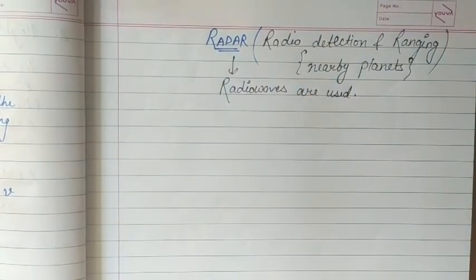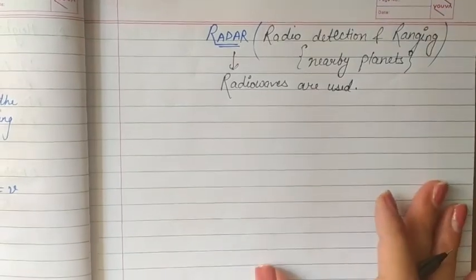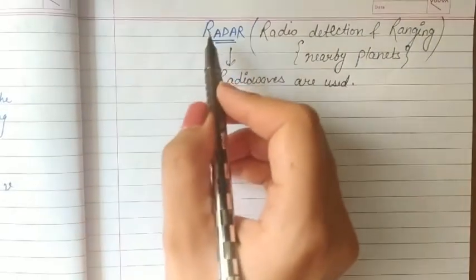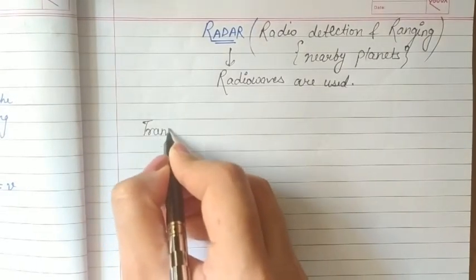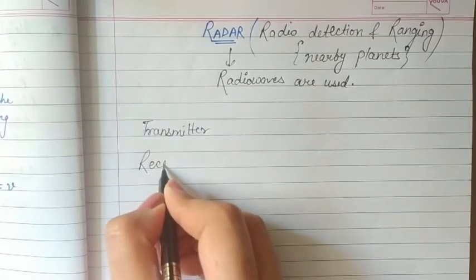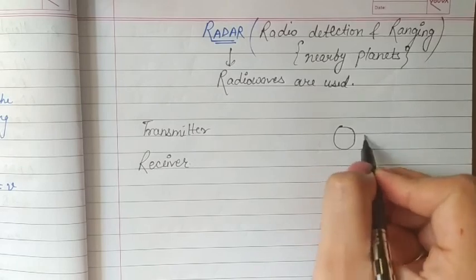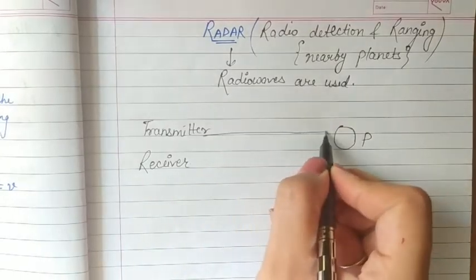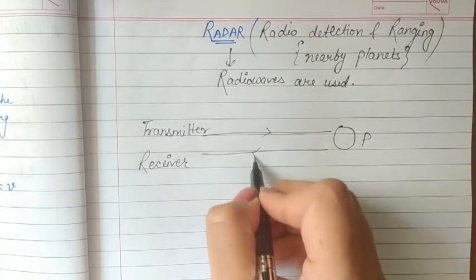Similarly, we send the radio waves from a transmitter and then which after reflection from the planet are detected by the receiver. So in this process of radar we have two devices. One is transmitter and the other is receiver, and here is the planet. So we send it towards the planet from transmitter and it comes back towards the receiver.